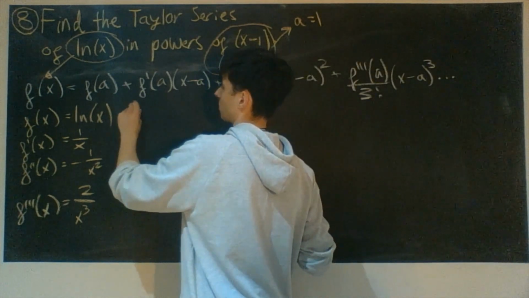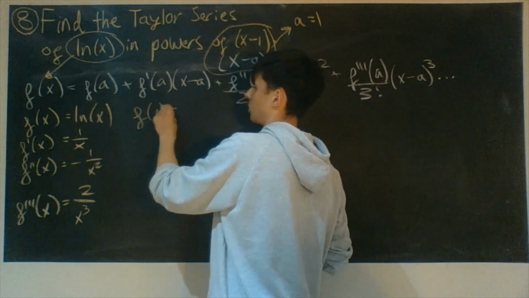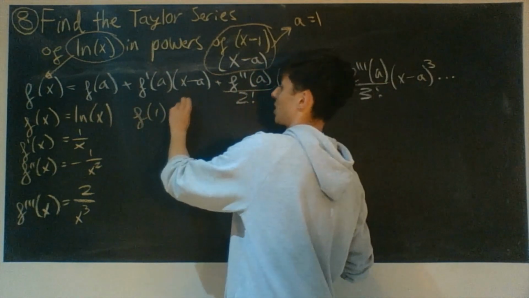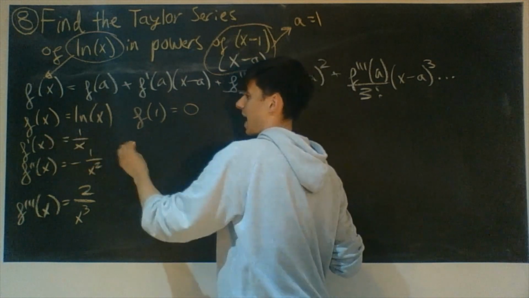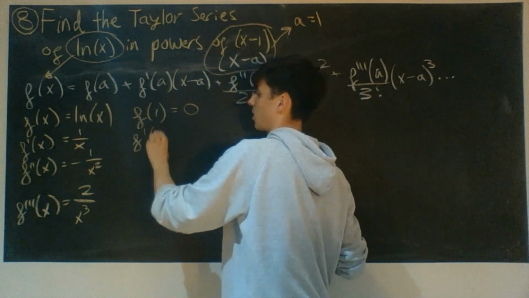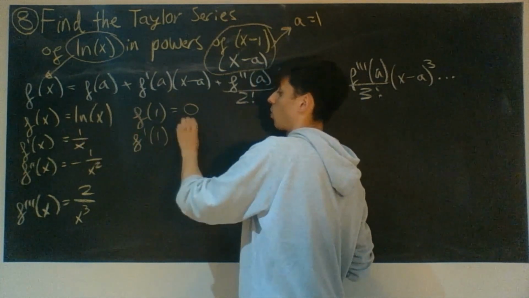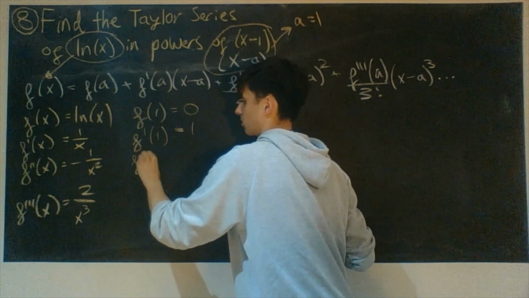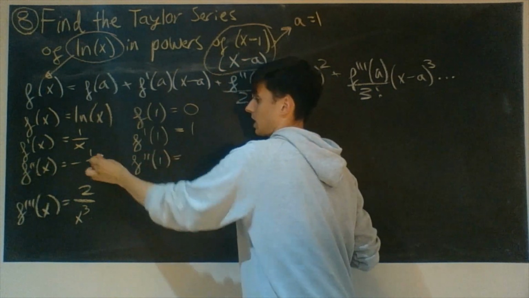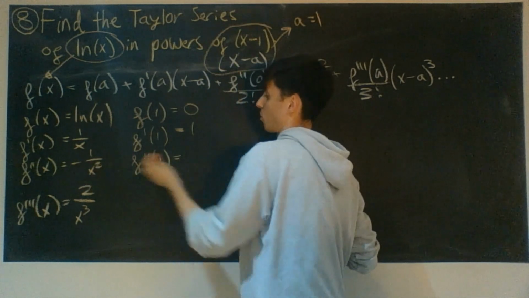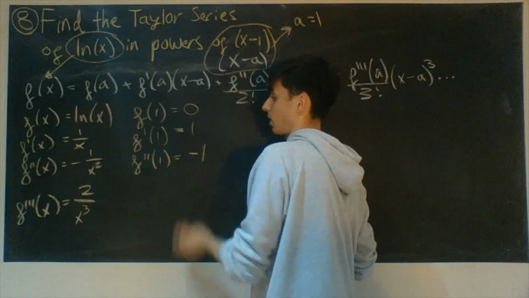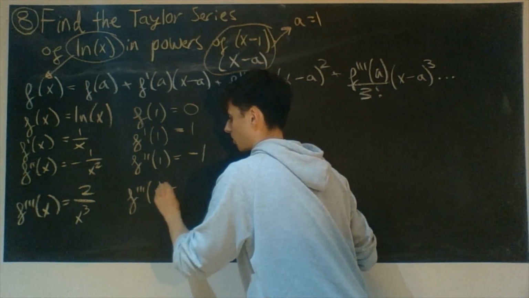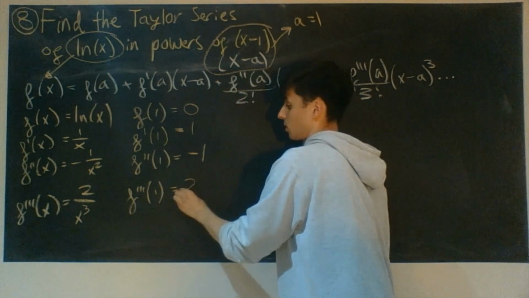So let's write that here. f at 1 is just ln 1, and ln 1 is 0. f dash at 1 is 1 over 1, which is just 1. f dash dash at 1 is minus 1 over 1 squared, so that gives us minus 1, and f triple dash at 1 is 2 over 1 cubed, which gives us 2.